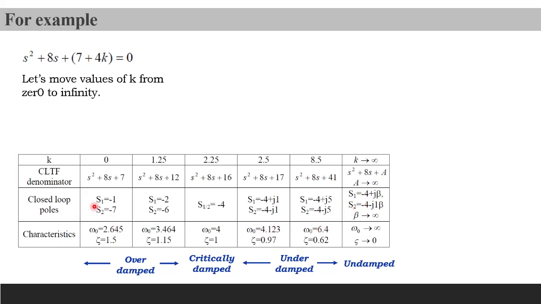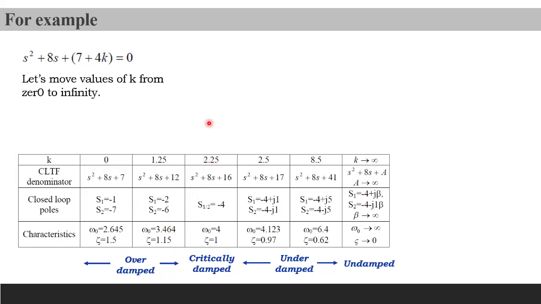By looking at the poles, I can also compute the characteristics of the system, which are zeta and omega naught, the natural frequency of the system. So we can see that for initial values of k, starting from 0 and gradually increasing up to 2.25, the system was overdamped.